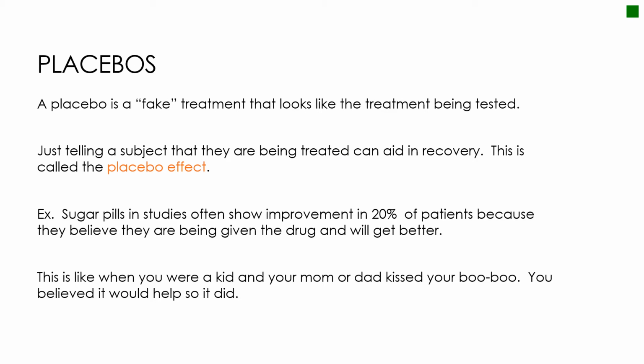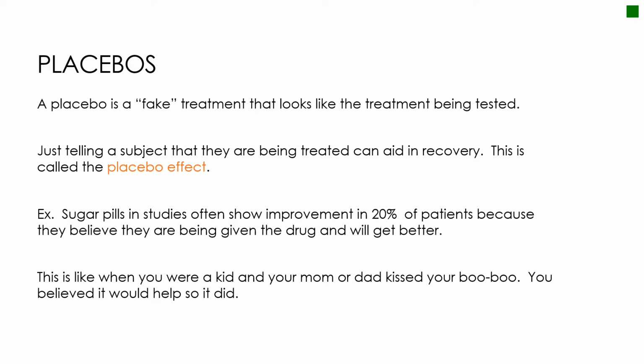The reason blinding is important is because of the placebo effect. A placebo is a fake treatment that looks like the treatment being tested. So let's say we're looking at headaches, and this group gets a placebo, which is a sugar pill, and this group gets 400 milligrams of Tylenol. I still feel like I'm getting the Tylenol because you've given me a pill and I've taken it.